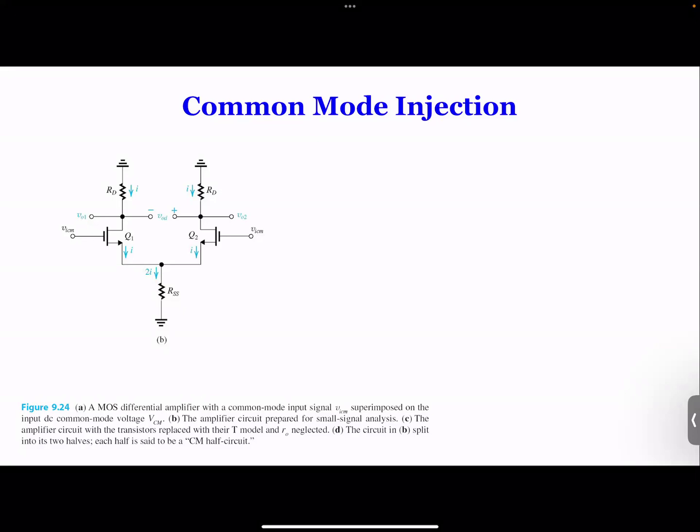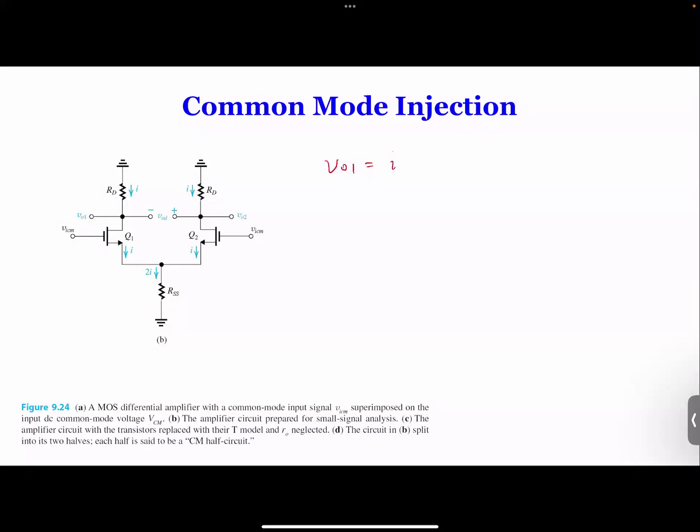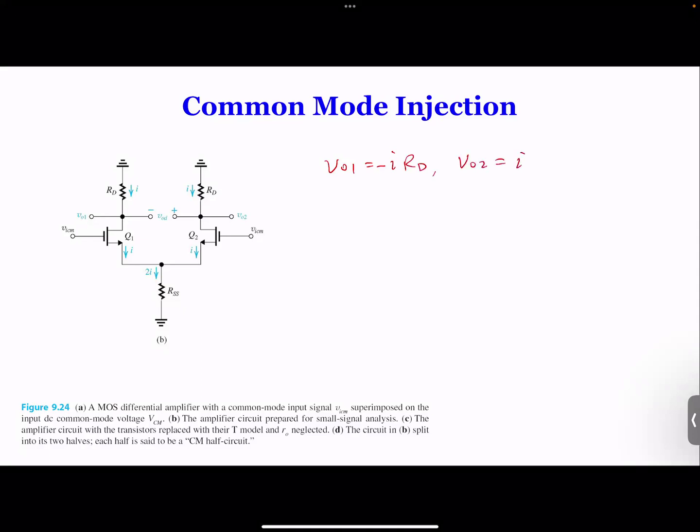So in this case, VO1 is minus I times RD, and VO2 is I times RD as well. And VO equal to VO2 minus VO1 is still 0. So this is for the actual, if you think about the current flowing in each device, you'll get that.